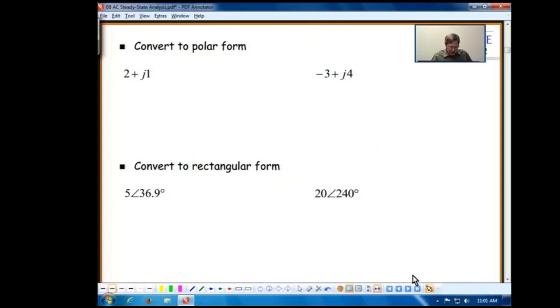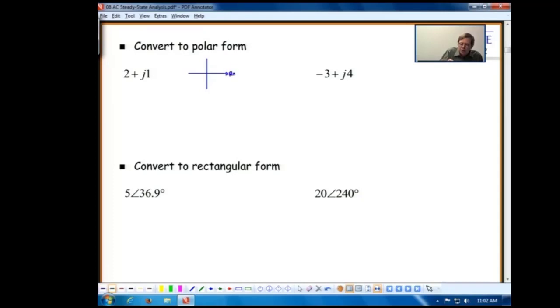For example, let's take some of these here. The easiest way to keep straight which quadrant you're in, and whether your calculator is giving you the whole truth, is to draw a little picture before you do a conversion. So let's take as an example 2 plus j1. I'll do a quick little sketch here and locate that point.